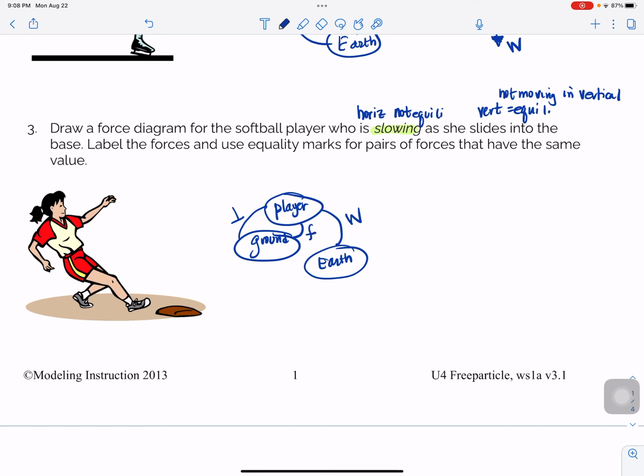So this force of friction is parallel. Friction is parallel to the sliding surface.